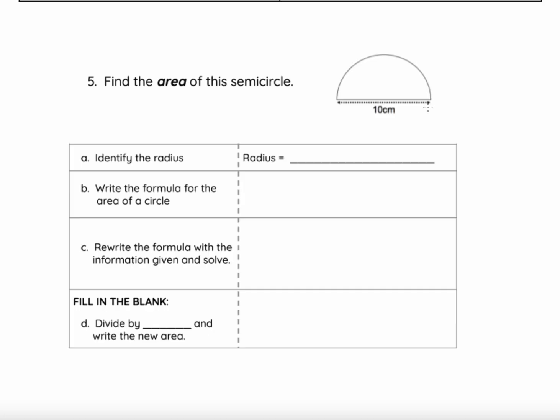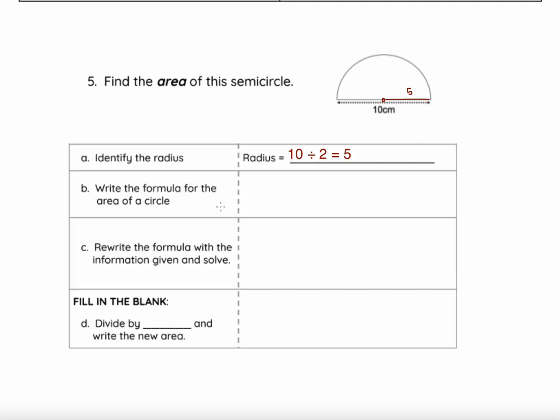Since the diameter is 10, we know that the radius is half of 10, and so we could do 10 divided by 2, and that equals 5. So our radius in this case is 5. So we could think of it like halfway across the circle, and that's 5.